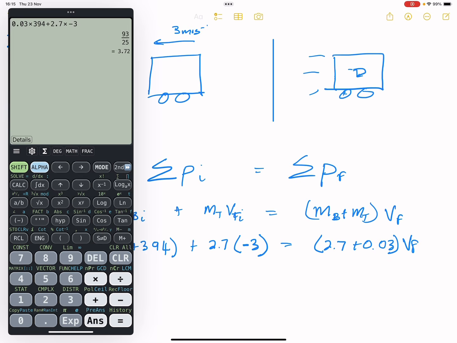3.72, but now I'm going to divide both sides by the sum of these. So if I add 2.7 plus 0.03, this would give us 2.73, right? So I'm going to take my answer and divide it by 2.73, and I get a velocity.